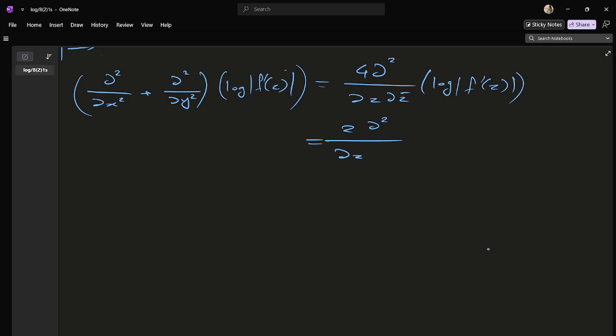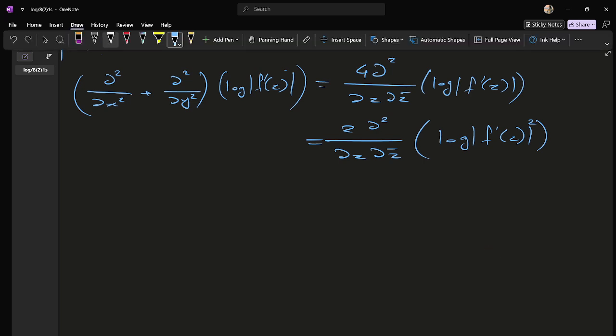We can do this in that manner. There is a 2, so the 2 comes here as a power.